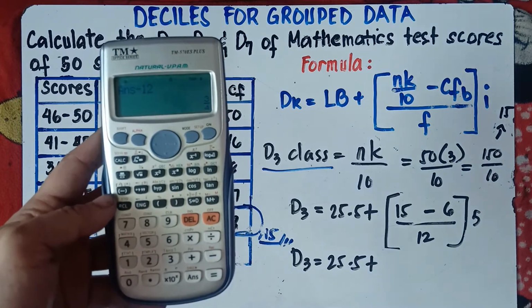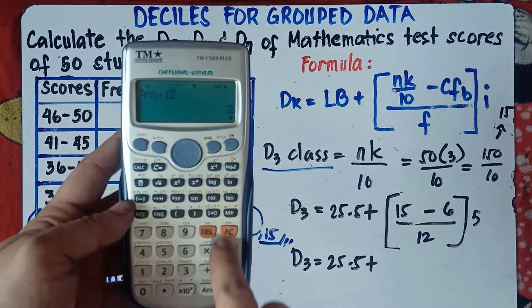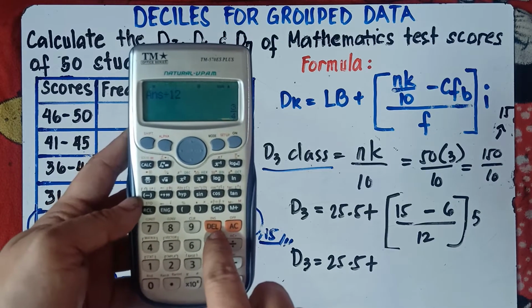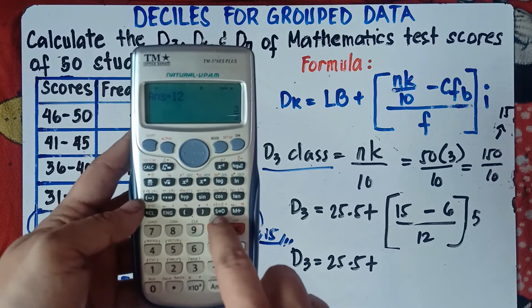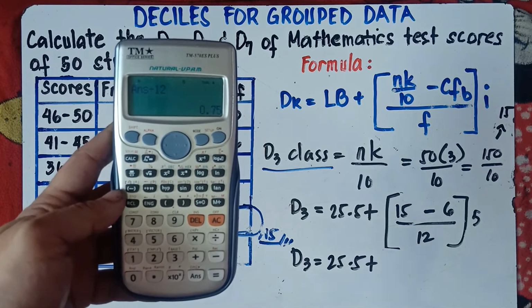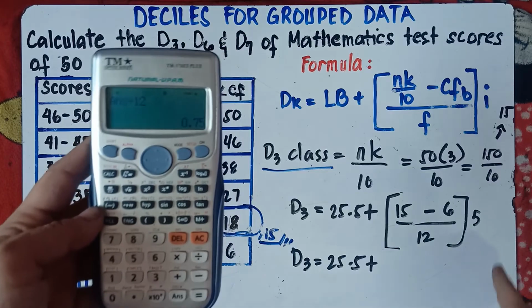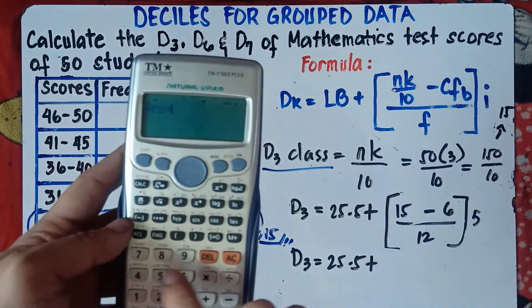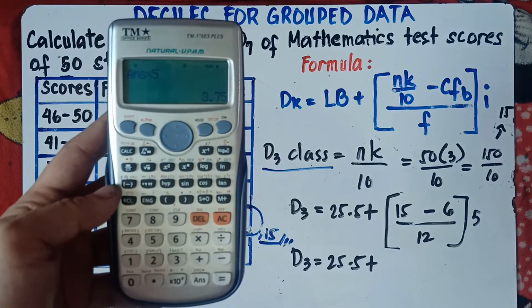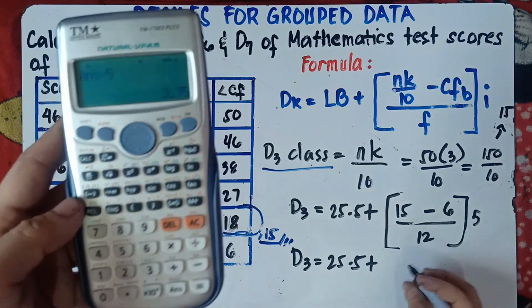So you will have 3/4. Now, if you have the same calculator as me, just press this one, SD, which means standard and then decimal, above this DEL. DEL here means delete. Press this one, you will have 0.75. So 9 divided by 12, that is 0.75. Multiply it by 5, times 5, so you will have 3.75. Alright, so plus 3.75.